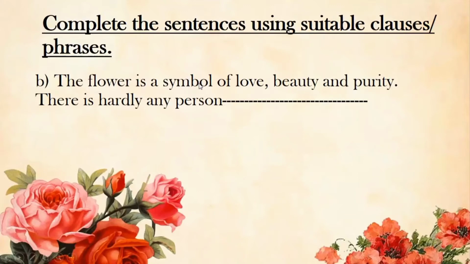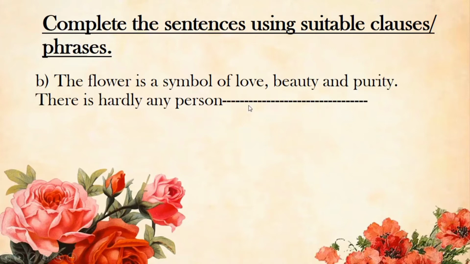Number B, the flower is a symbol of love, beauty, and purity. The clue sentence: the sentence is talking about flowers. And there is hardly any person. In the next sentence, we have to talk about the person who is somehow related to the subject flower.